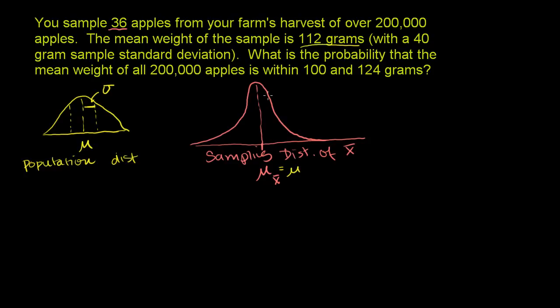And it also has some standard deviation. So maybe this is a standard deviation above the mean. This is a standard deviation below the mean right over there. And we can specify that by the standard deviation of the sampling distribution of the means.